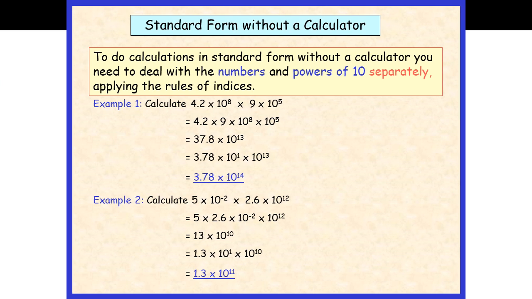Standard form without a calculator. So basically you can see here the example is there, but I'll just go through it step by step with you. You multiply the number by the number and you put the multiplication by itself, which is 10 to the power 8.